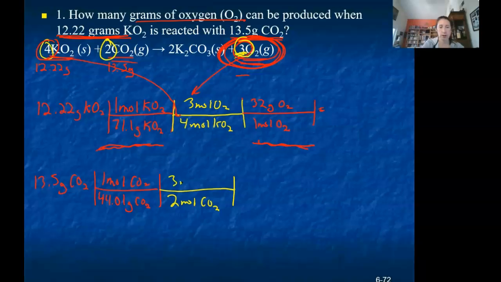Oxygen's 3. Then we go back. That's our only new piece. The rest of it, just what we've done before. 1 mole of O2, 32 grams of O2, and there we go. All right, great practice putting these in our calculator.